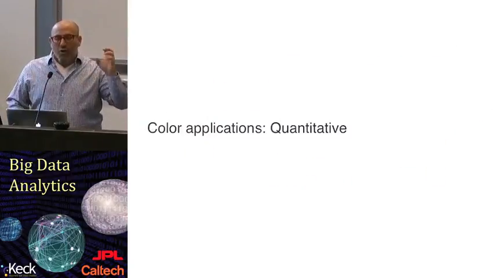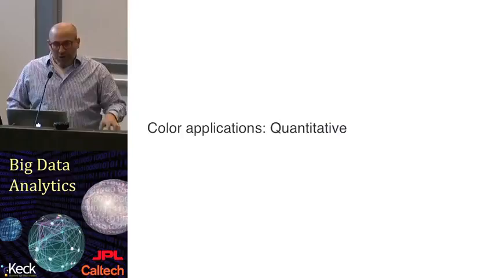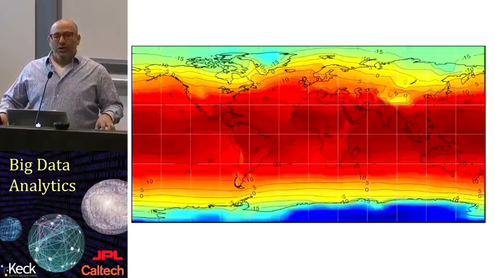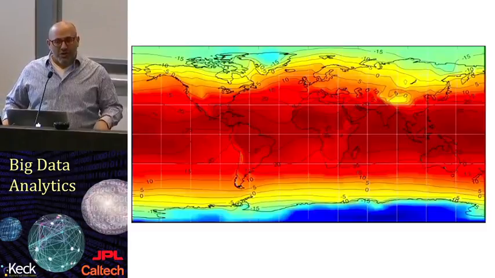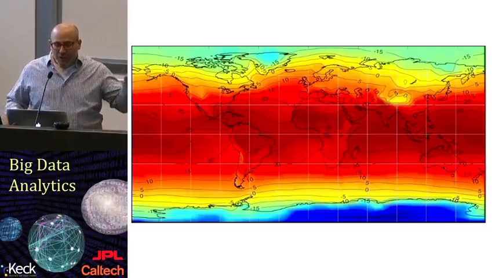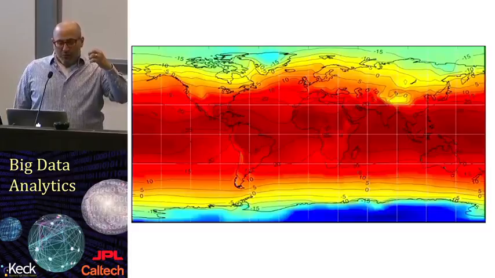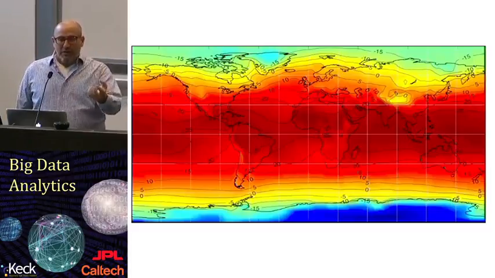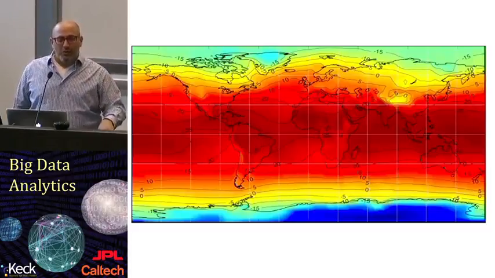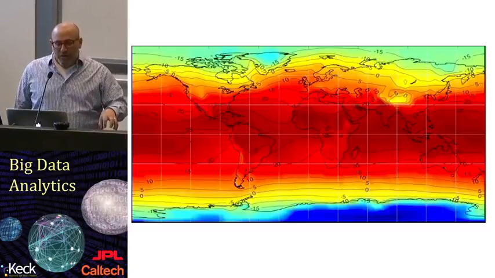But if we look at quantitative uses of color, this is where you most often see mistakes in earth science data visualizations by quantitative applications of color. So here, what you have is an example of global average temperature, and it's rendered from blue to red. Now, there are a number of reasons based on what we just learned about color that describe why this is not the best mapping.